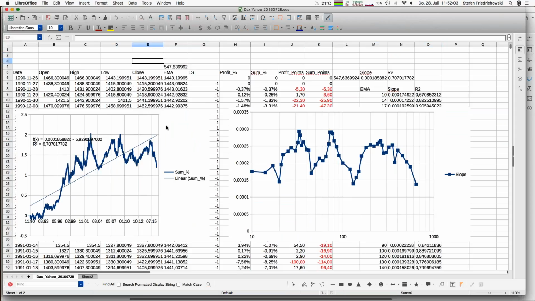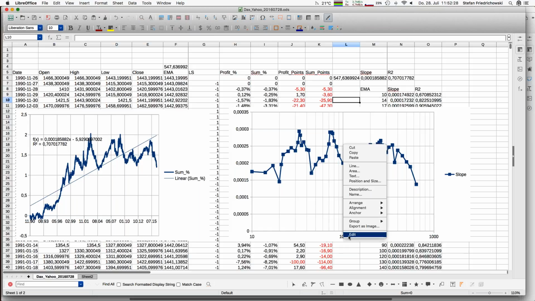So what do we have here? In principle, it's all the same as what we have done during the last couple of minutes. On the left-hand side, we have the equity curve for that specific parameter. And then we have a plot, and I will change it a little bit for you.